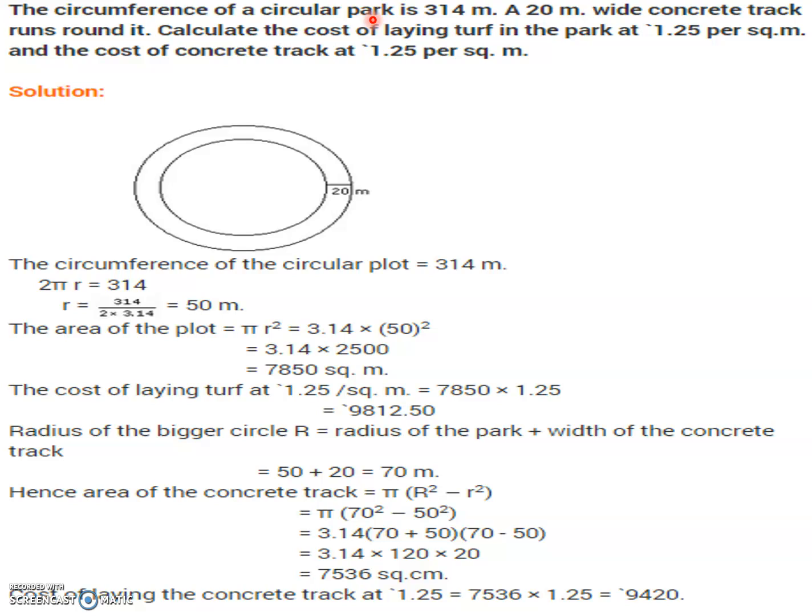So that's why the concentric circle example is asked in your board exam. So practice these concrete examples. Today's lecture is over about our very interesting topics. We have covered the circular part, the layout part.